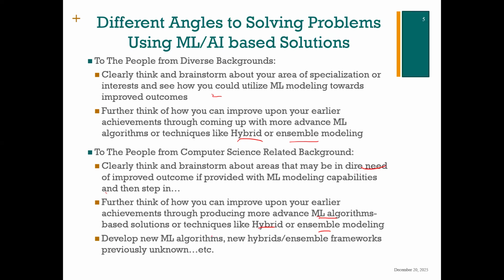Build it from scratch, or a totally new hybrid or ensemble concept that is previously unknown. These depend on your background. You can make a lot of difference by appropriately utilizing machine learning to improve the outcome, so that it can enhance and amplify the capacity and capability of human beings. This is the essence.